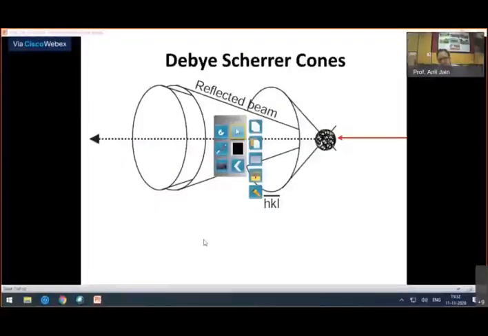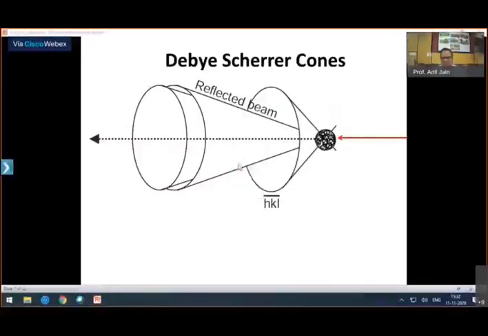So the coherent part, meaning the average scattering length, gives you the information about the coherent scattering, meaning your Bragg peaks, and the deviation from the average gives you the incoherent part.